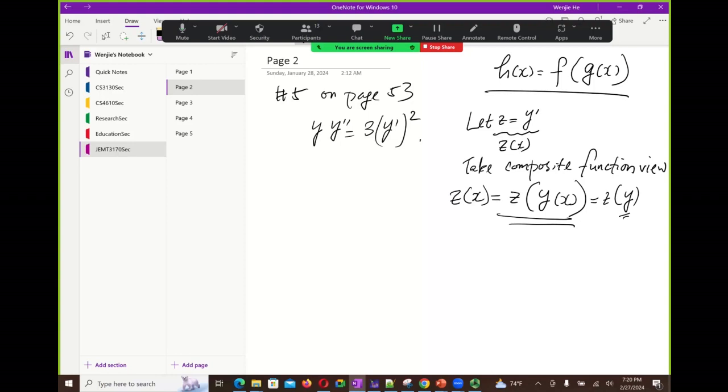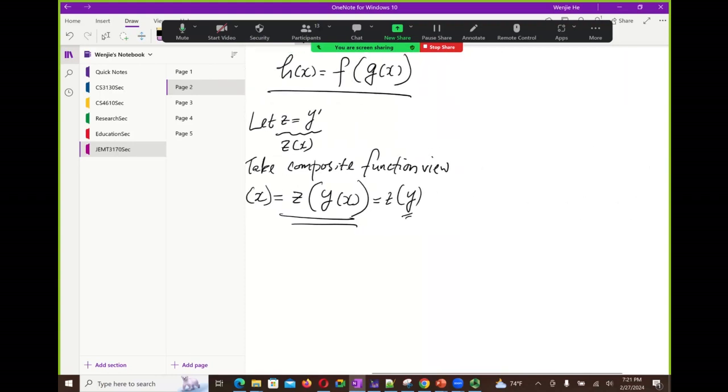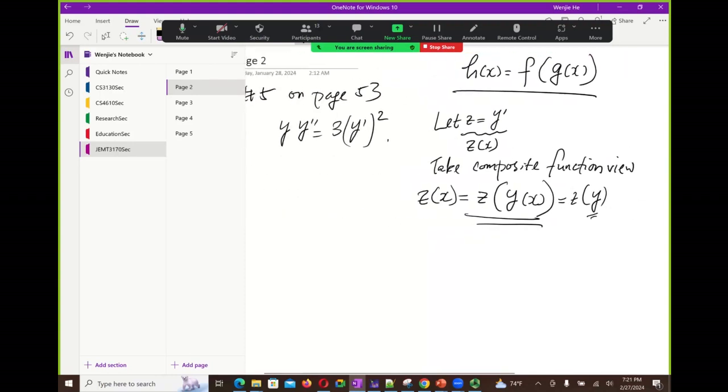So the key step is you take this special view, z as a function of y. After you take this, we can simplify y double prime a lot.